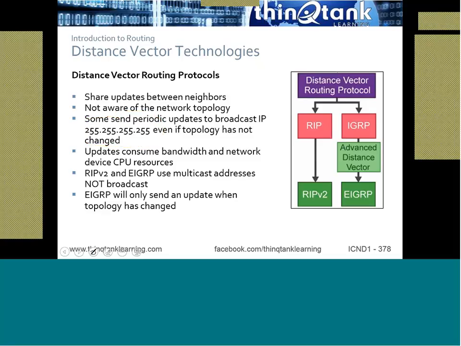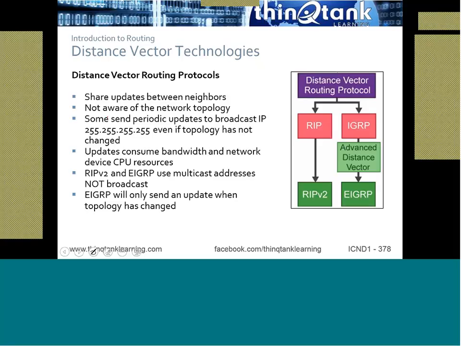Even if the topology has not changed, we're sending out these updates every X number of seconds. Now, routers, by design, are really supposed to stop broadcasts. But unfortunately, these older routing protocols actually create these broadcasts. Now, that means that we're consuming bandwidth, we're consuming network resources, even though we don't have to.